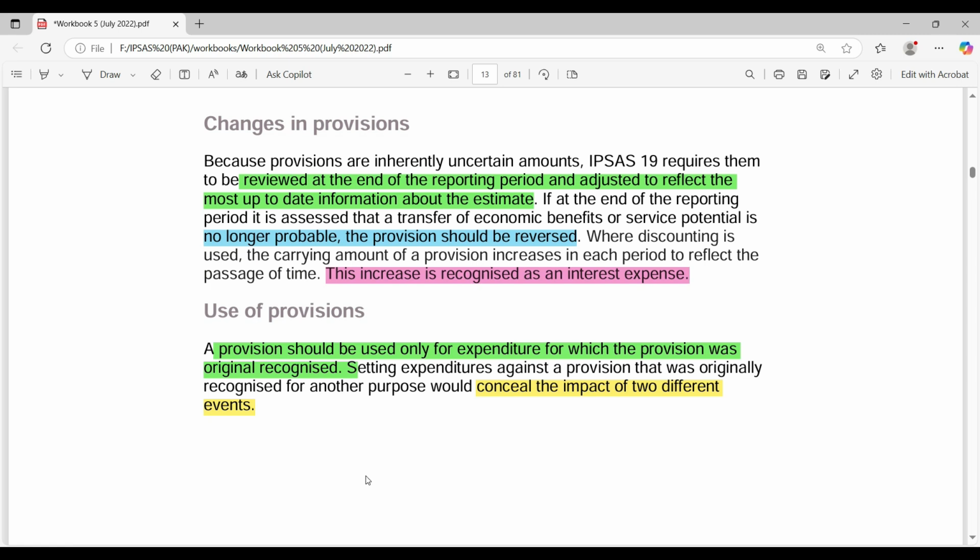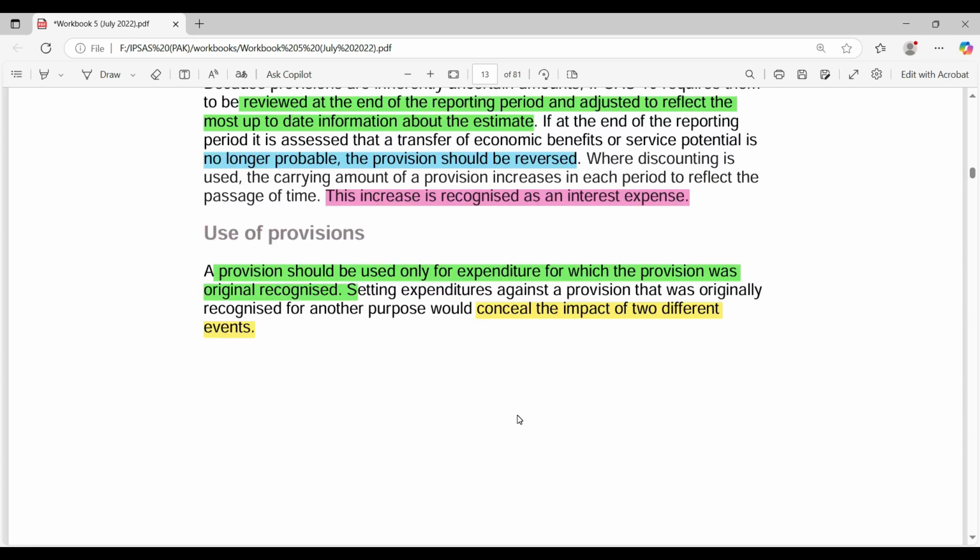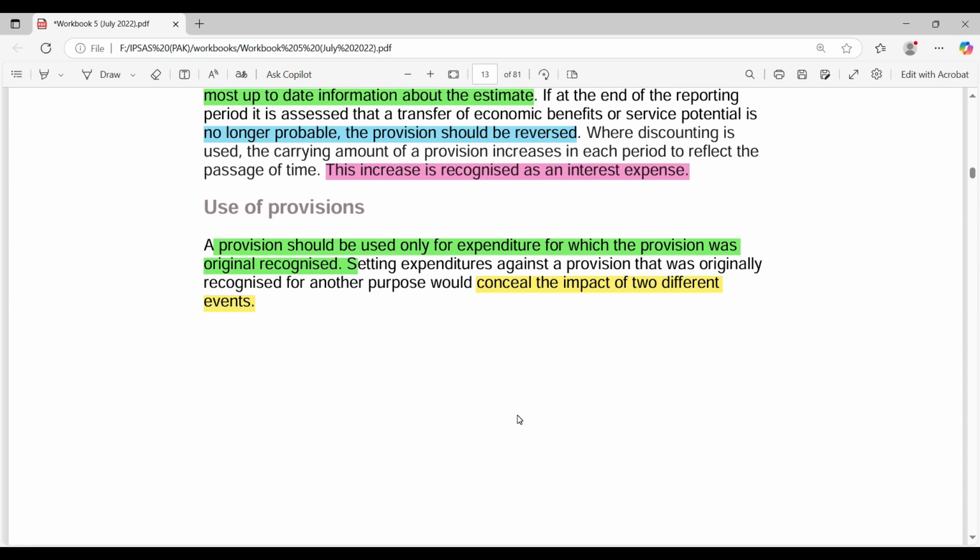The increase is recognized as interest expense in the financial statement, in the part of financial performance. Use of provisions, where you use your provisions. A provision should be used only for expenditure for which the provision was originally recognized. It means that provisions should only be used against the original recognized purpose.